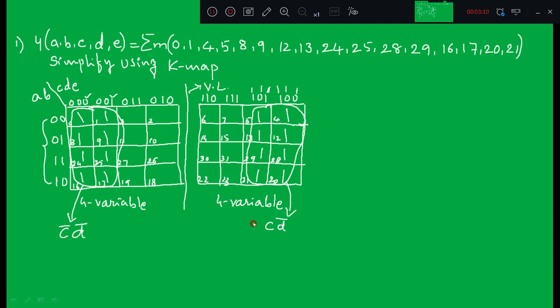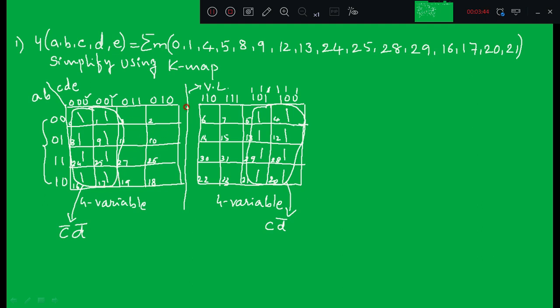This is the first step, because you have to group these minterms similar to the 4 variable K-map. The second step is you have to fold along this vertical line. So when I fold along this vertical line, what happens? These 8 ones, the ones present in cells 4, 5, 12, 13, 29, 28, 21 and 20, are going to fall on these 8 cells, that is 0, 1, 8, 9, 24, 25 and 16, 17, right?